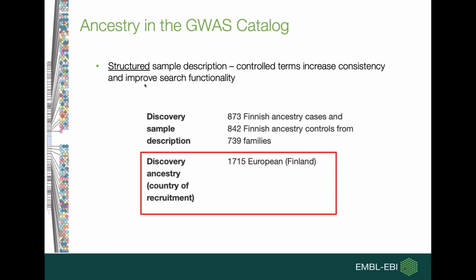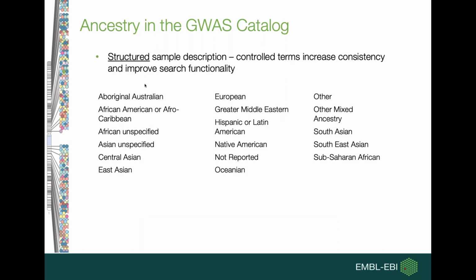Here we have the structured sample description. So here we're telling you the total number of individuals in the analysis, and the Finnish population maps to the broad category of European. And as I say, we use those controlled terms to increase comparability and consistency between studies.